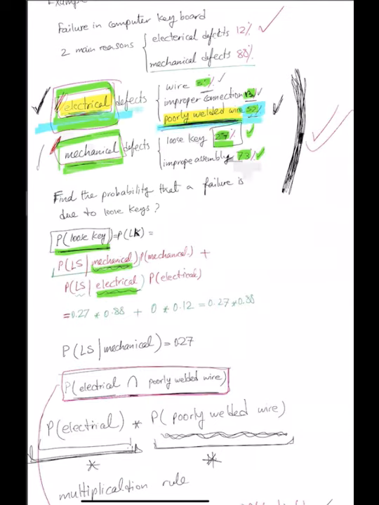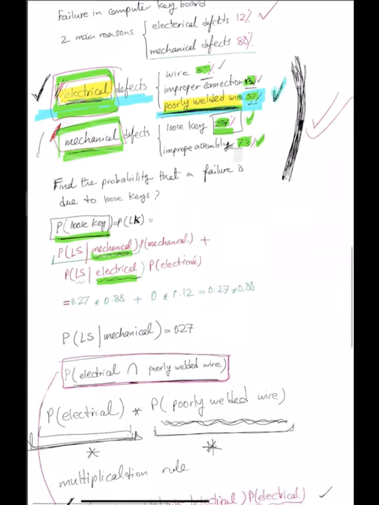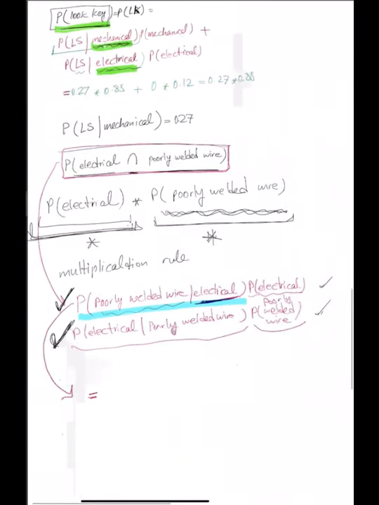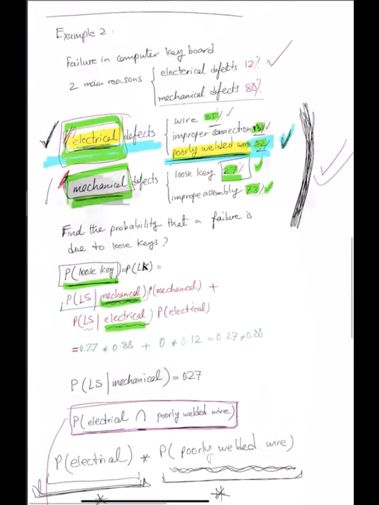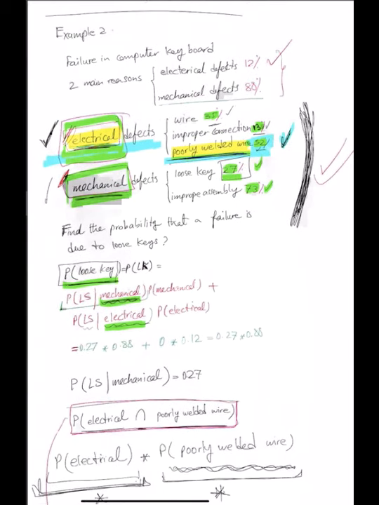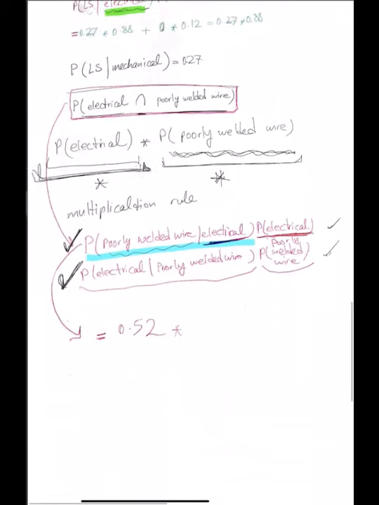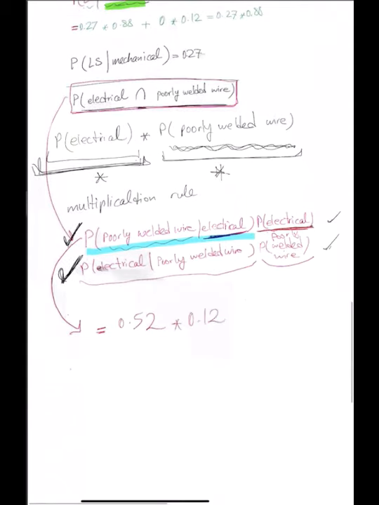If I know the defect is electrical, then 52% of them are because of poorly welded wires. So that's 0.52 multiplied by the probability of being an electrical defect. We know on the top that out of all the defects, 12% of them are electrical. So that's the number, whatever it's going to be.